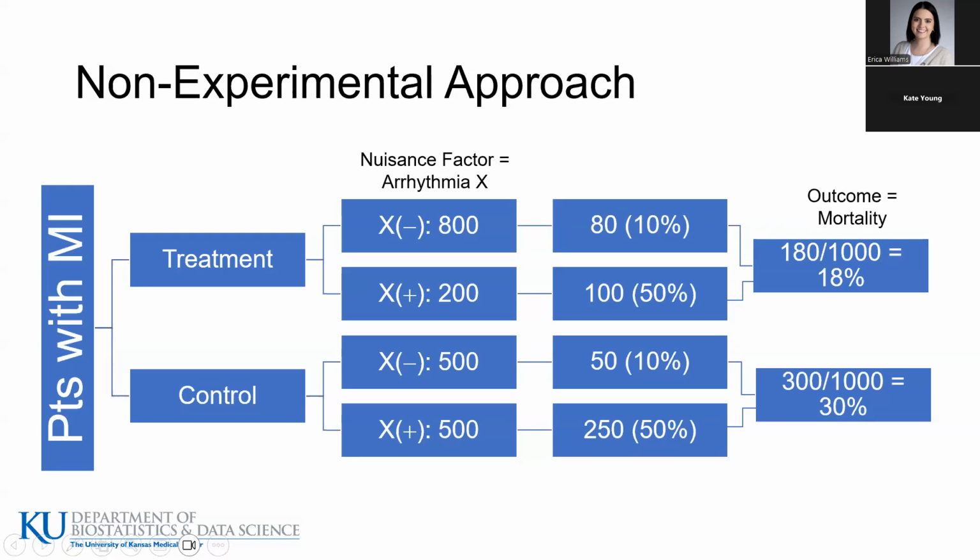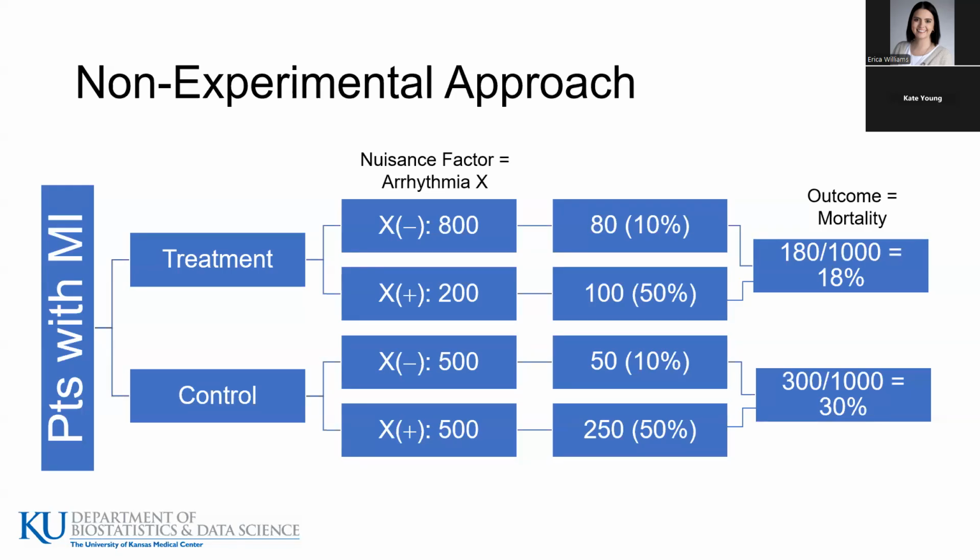is distributed between the two groups. So if we look at only the patients who did not have the arrhythmia, we can see that the mortality is 10% for both groups, meaning that there's no treatment effect. But if we looked at the mortality rate for those with the arrhythmia, the mortality rate is also the same.